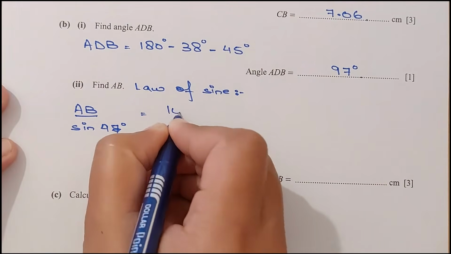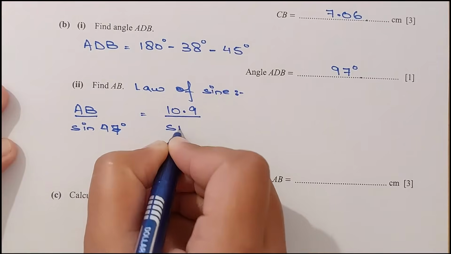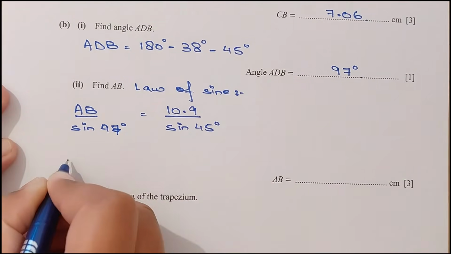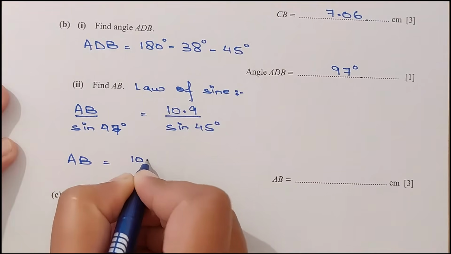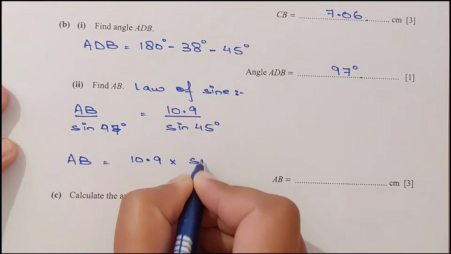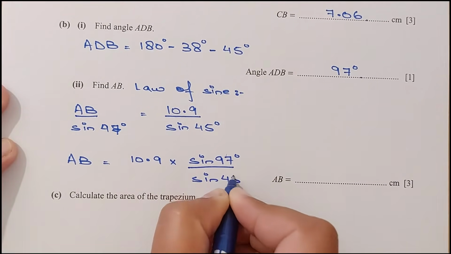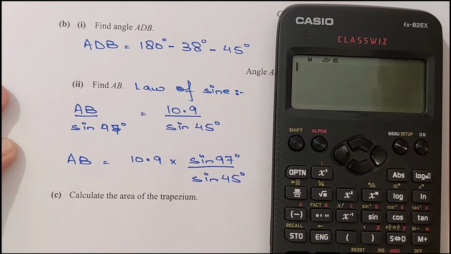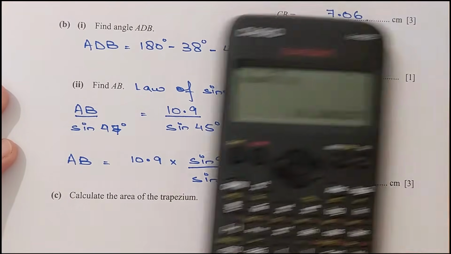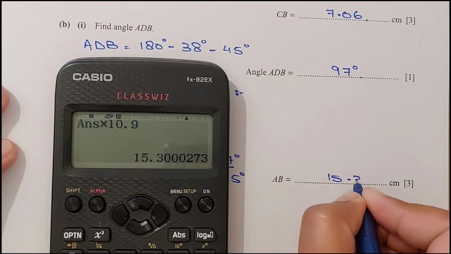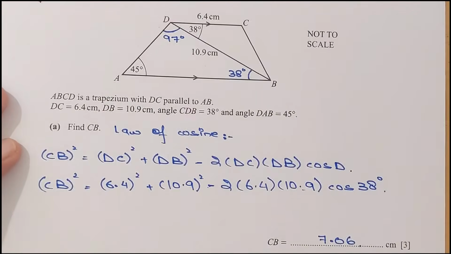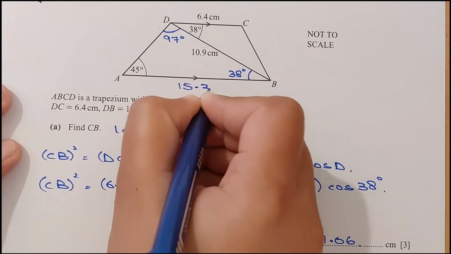So the side AB is equal to 10.9 times sine of 97 degrees divided by sine of 45 degrees. Let me calculate this: sine 97 degrees divided by sine 45 degrees and times 10.9, 15.300. AB is 15.3 centimeter, right? Now this side is 15.3 centimeter.